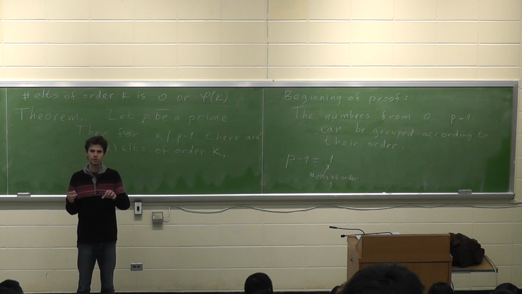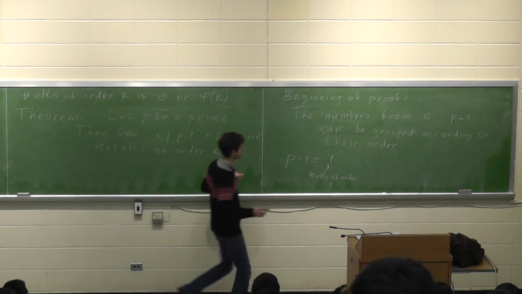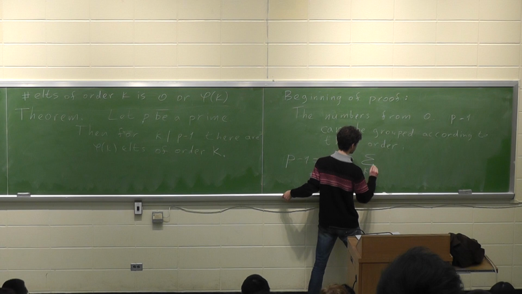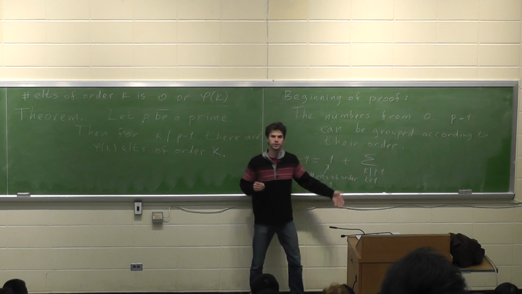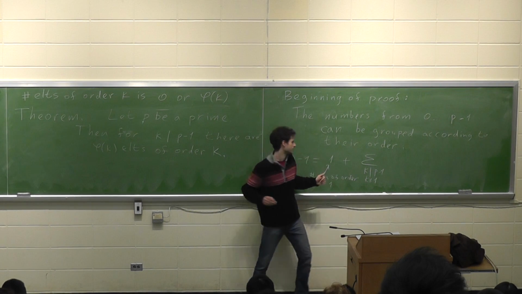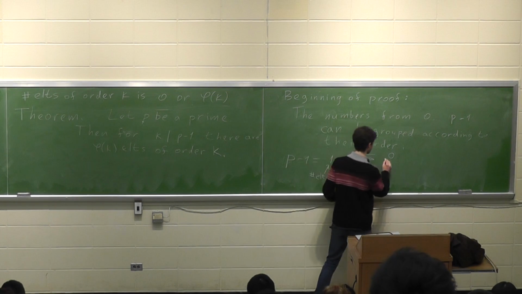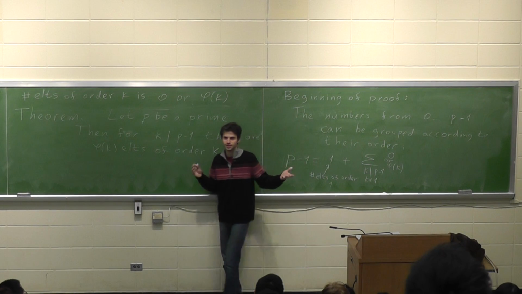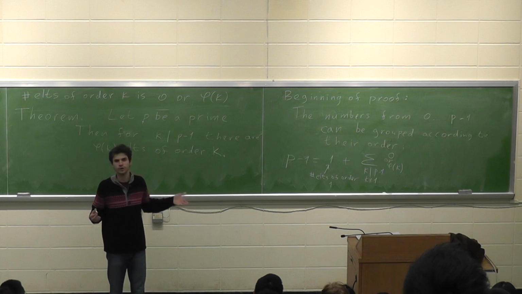This will be either 0 or φ(k). So then you'll have plus the sum over k which divides p minus 1, k not equal to 1. And here you will have some sums. It will be either 0 or φ(k), because we just showed that the number of elements of order k is either 0 or φ(k).